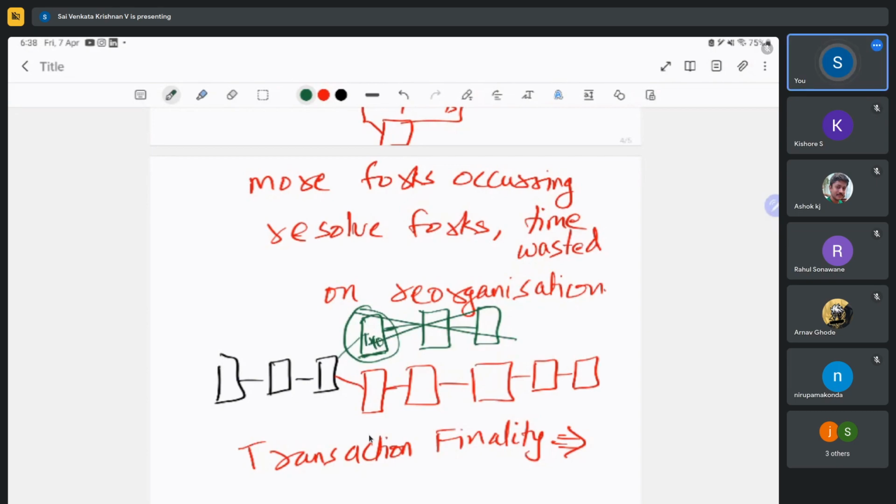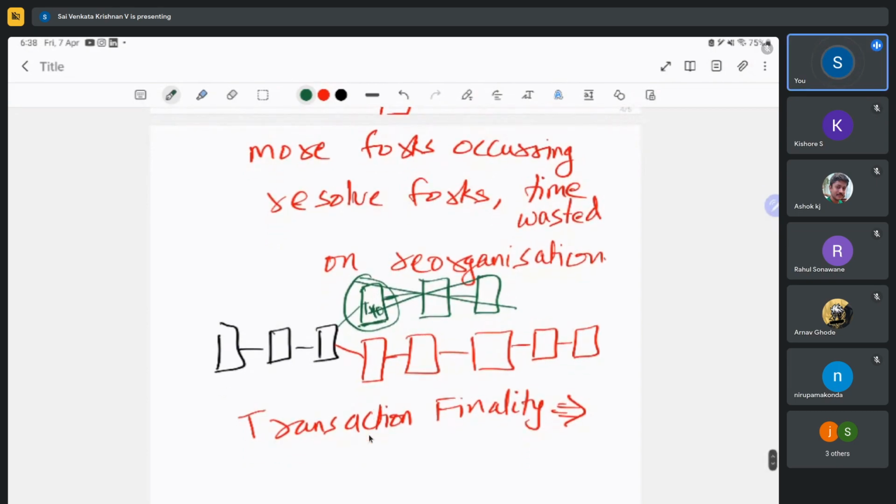So coming back to our discussion, when we reduce the difficulty level, the probability of forks happening is much higher, and this affects your transaction finality.